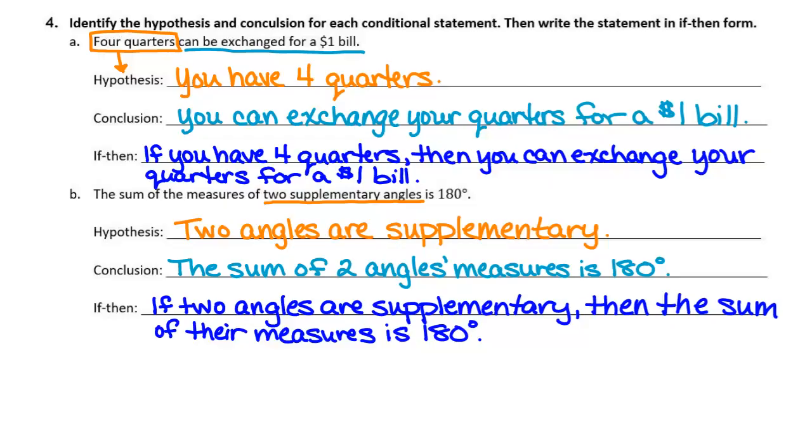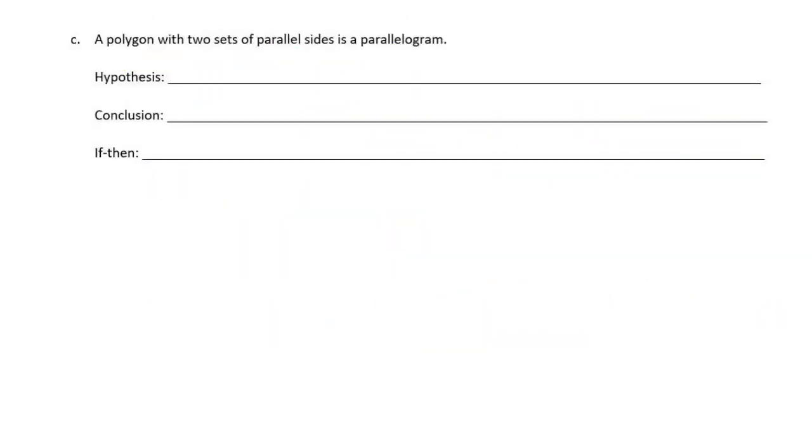All right. Let's see what we can do with part C. Part C says a polygon with 2 sets of parallel sides is a parallelogram. What would my hypothesis be?